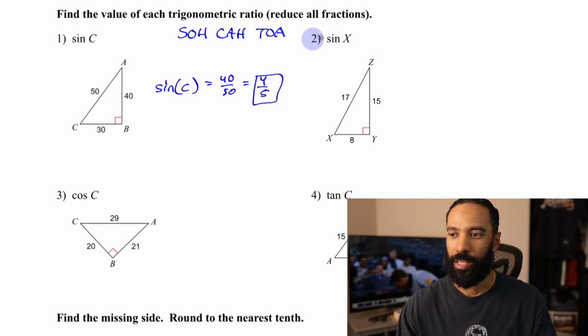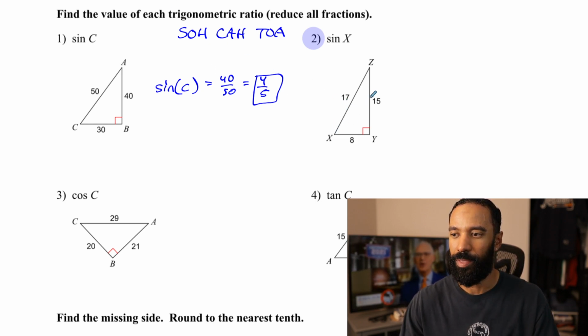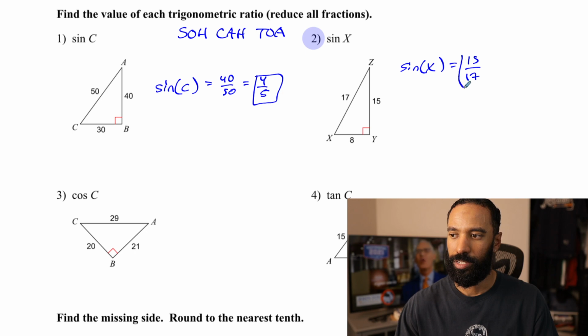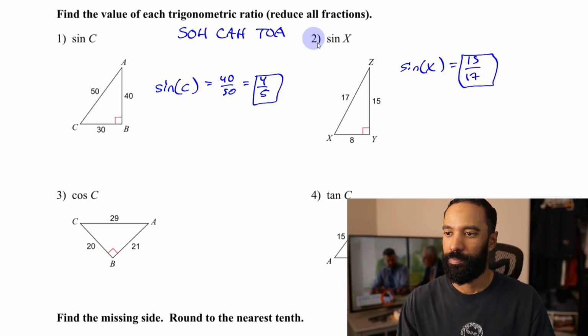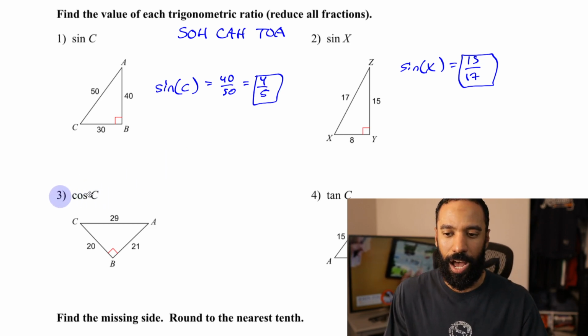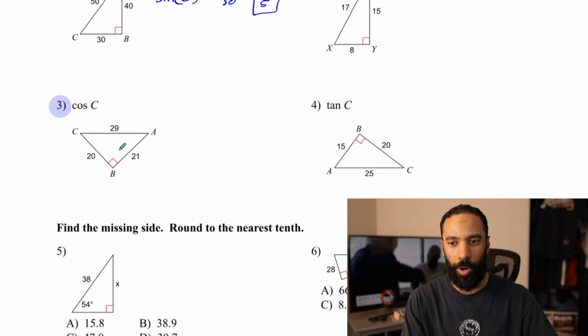Number 2. Sine of x, we are also going to be doing opposite over hypotenuse. X is down here. We get 15 over 17. That cannot reduce, so we'll leave it as such. And that is that answer. Very quick. Number 3. Cosine of angle C. Now, this one, it's a rotated right triangle.